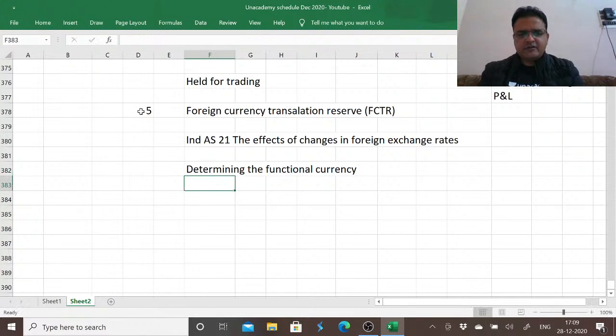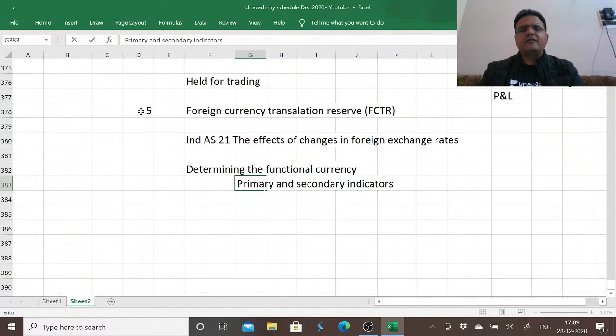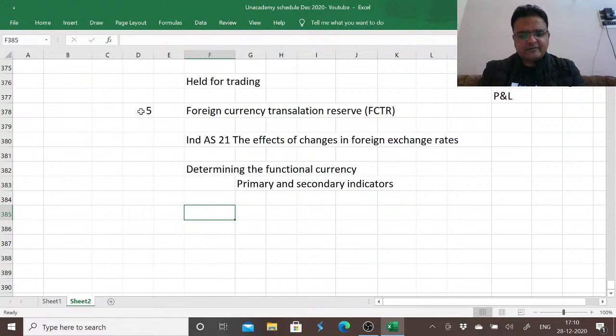It is dependent on the primary and secondary indicators, which are like the currency which influences the selling prices, the currency in which we are incurring all our cost, the currency in which the entity is financed, the currency in which the entity retains or remits the funds to the parent. All these factors help us in determining the functional currency. Once the functional currency is decided, any currency other than functional currency is considered foreign currency.